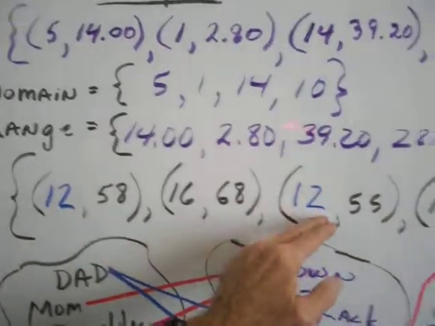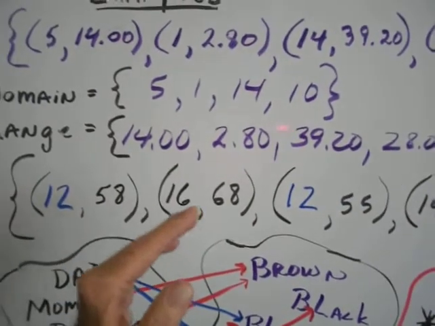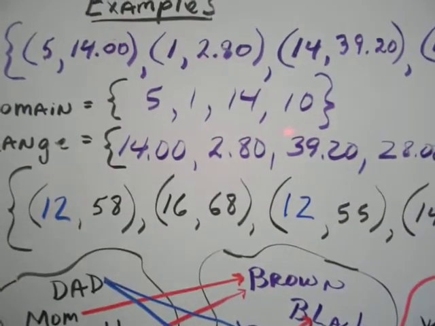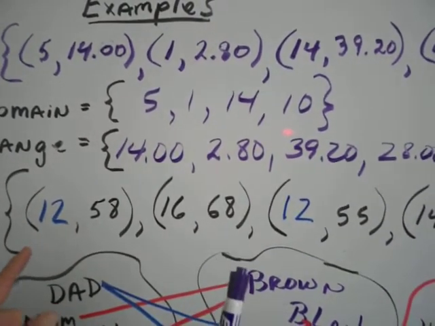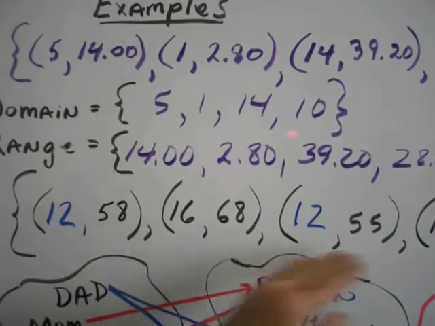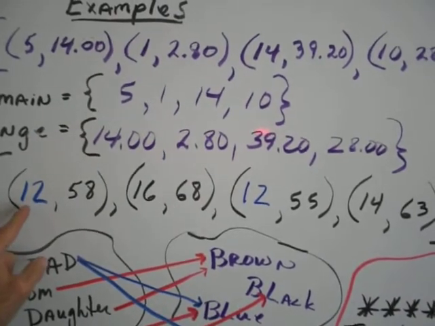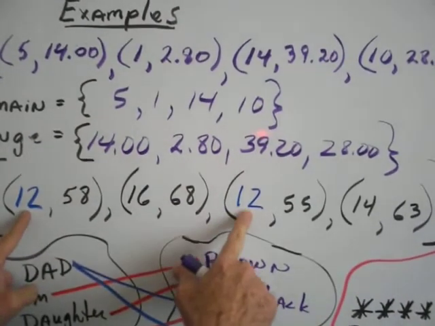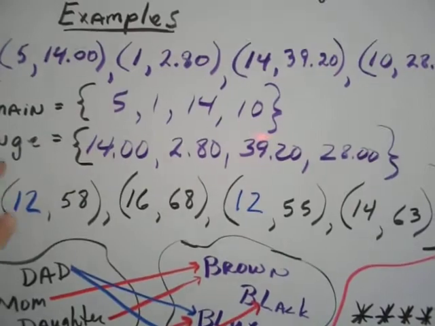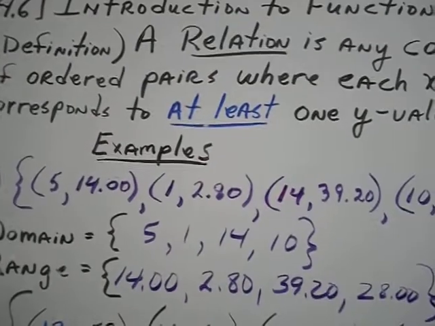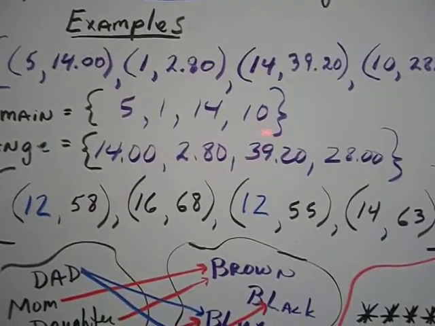This is okay. This fulfills the definition of relation. Let me say it again. A relation is any collection of ordered pairs where each x value corresponds to at least one y value.